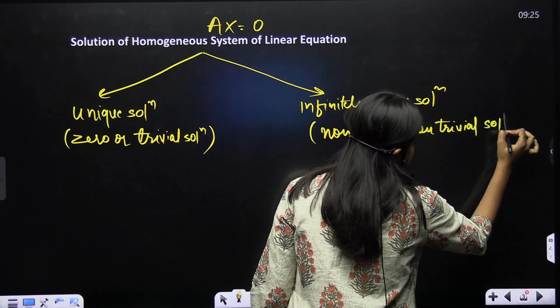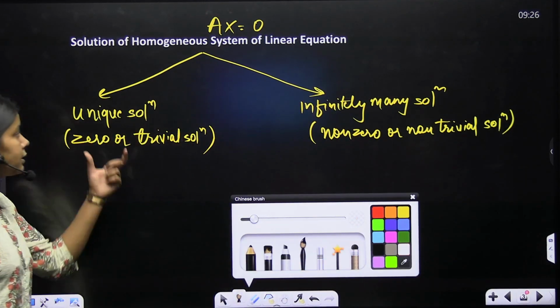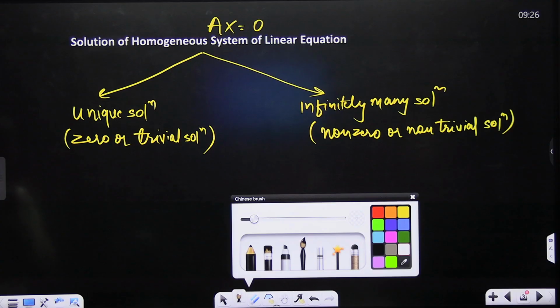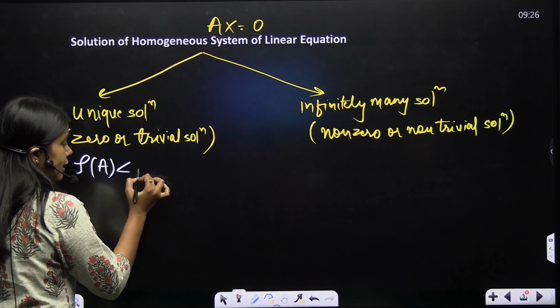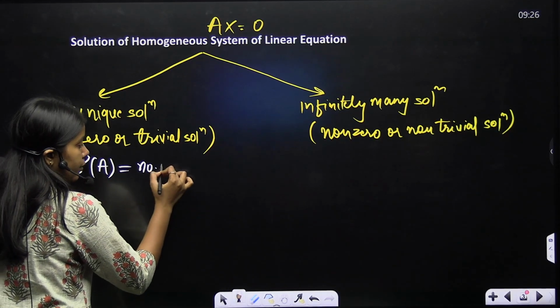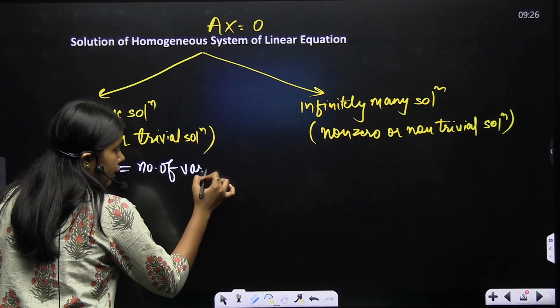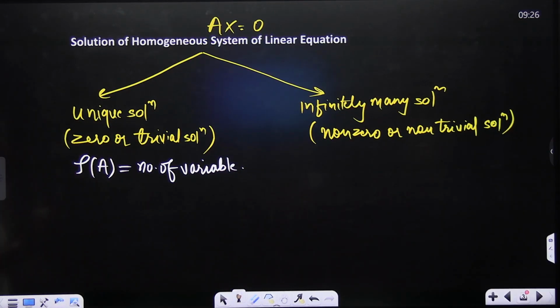And then we discussed when this system Ax equals 0 has a unique solution: when rank of A is equal to the number of variables, then I'll say that A has a unique solution, or 0 solution, or trivial solution.